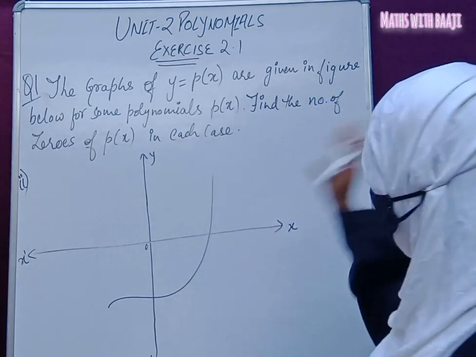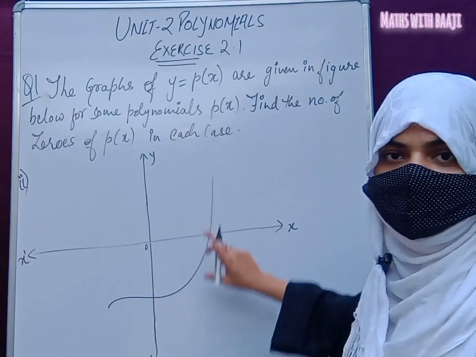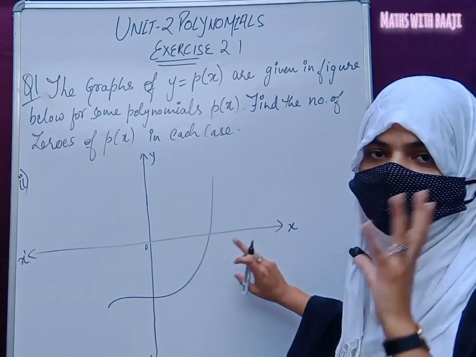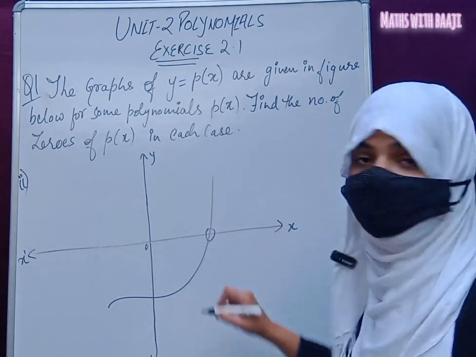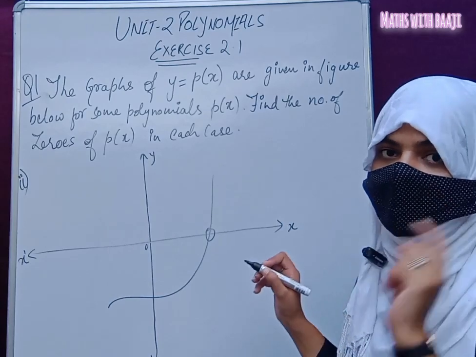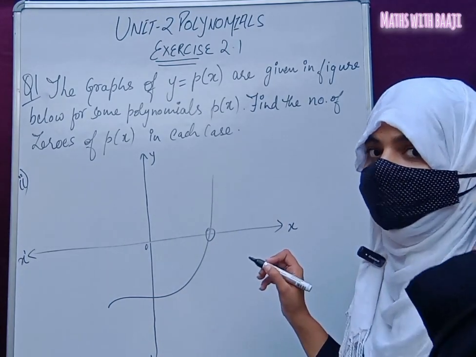So let's see, in this particular graph you can see it is intersecting the x-axis at one point only. Position doesn't matter, at what point it is cutting, but how many times it is intersecting, that matters.